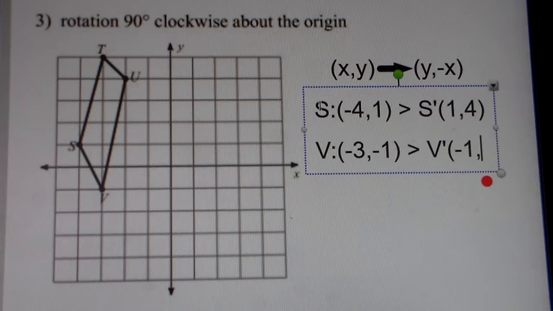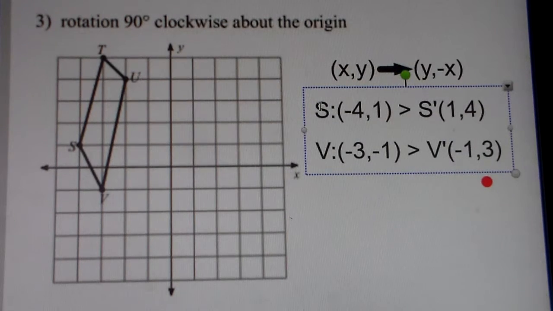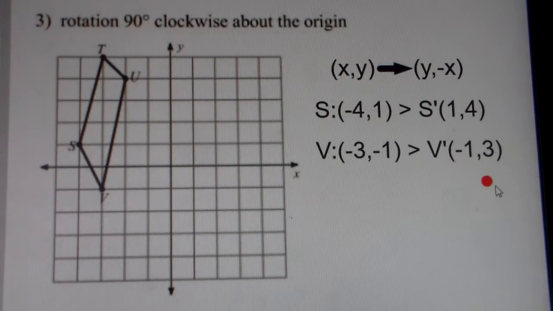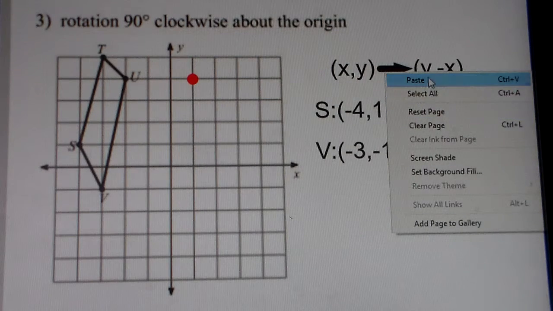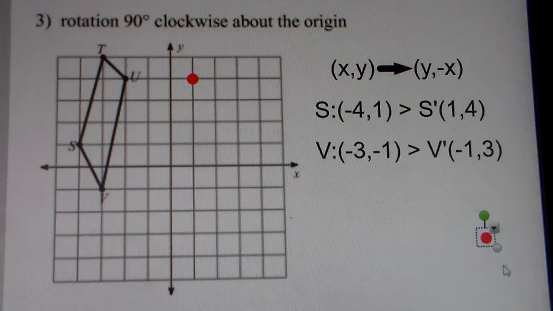And then your -x, that means you have to change the sign of the value of x, so that -3 turns into a +3. So V prime is -1, 3. So let's graph those 2 points first. First we have 1 to the right, 4 up. That's my S prime. My V prime is -1, 3 up. So we're rotating this clockwise here.